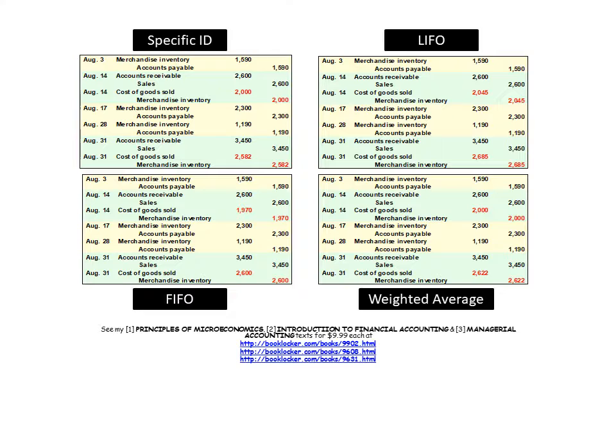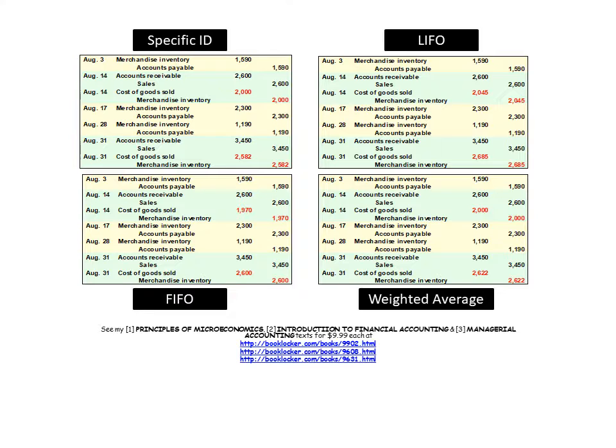No change. Same with the August 28th purchase of merchandise inventory on account. No change at 1190. The same with the sale on August 31st. Those sales were on account. No change at 3450.